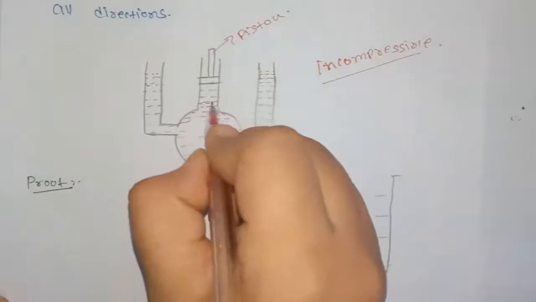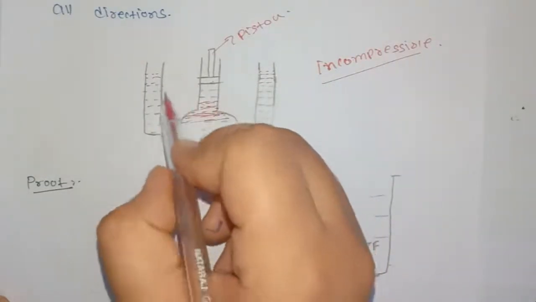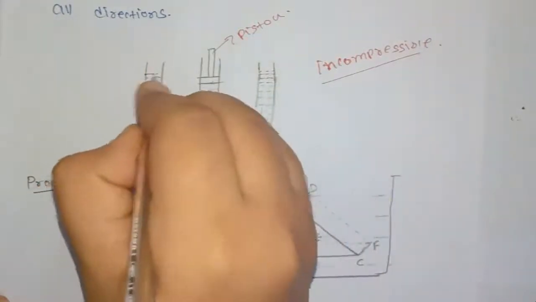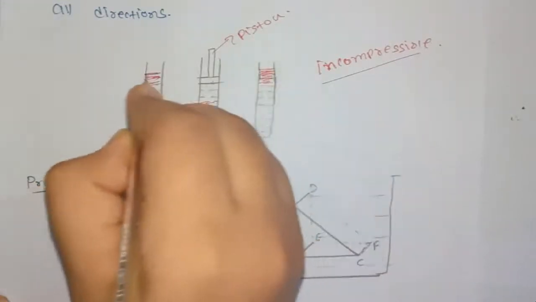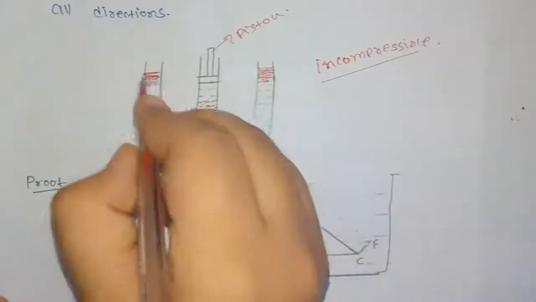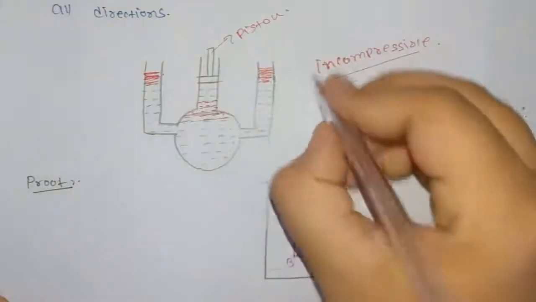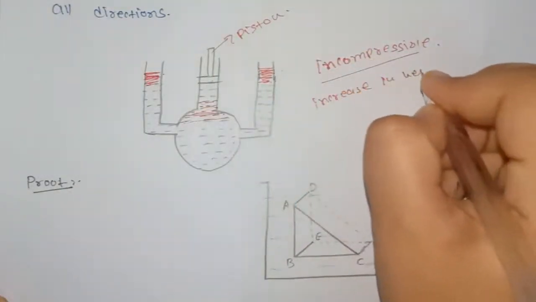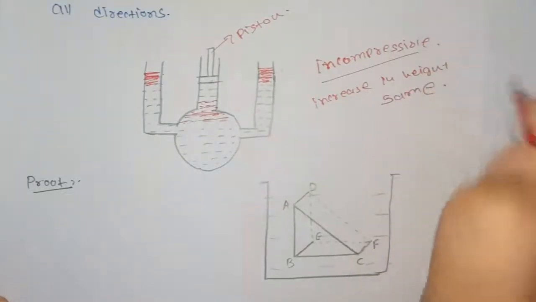So when we have applied some external pressure, the liquid level in the side outlets will increase, and as the diameters are same in both the side tubes, their height will also be same. So the increase in height will be same for both the outlets.